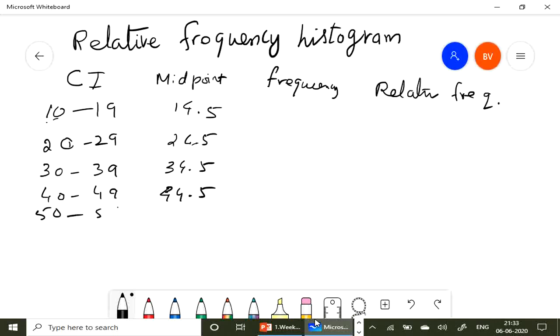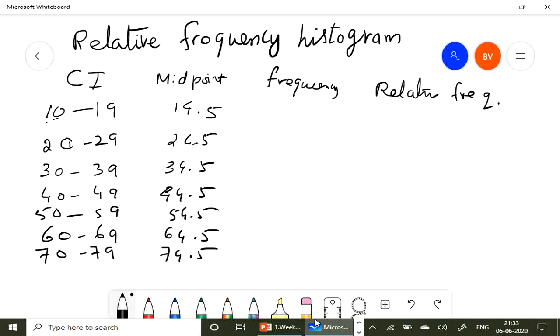50 to 59, 54.5. 60 to 69, it is 64.5. 70 to 79 is 74.5. 80 to 89, 84.5. 90 to 100, this is 94.